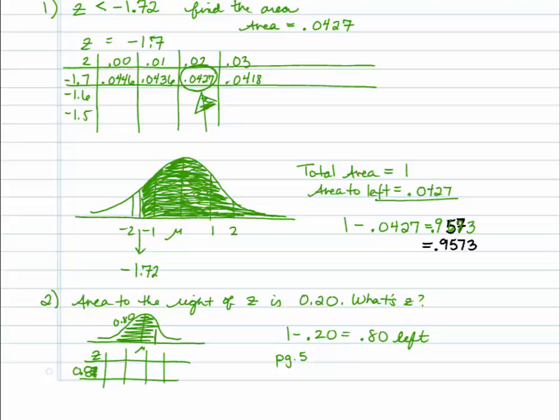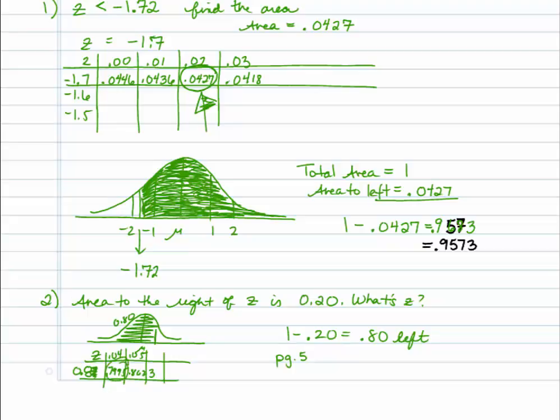If I'm looking through this chart, I see 0.04 and 0.05 are the closest. 0.04 is 0.7995. 0.05 is 0.8023.